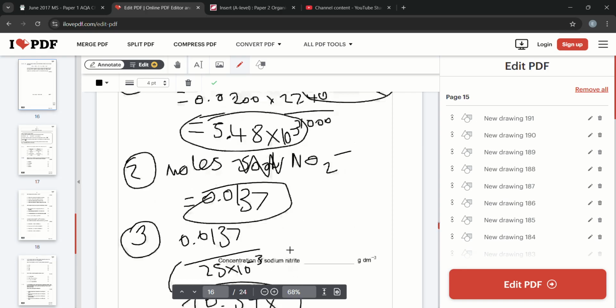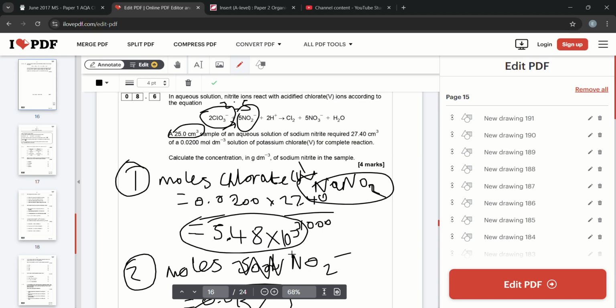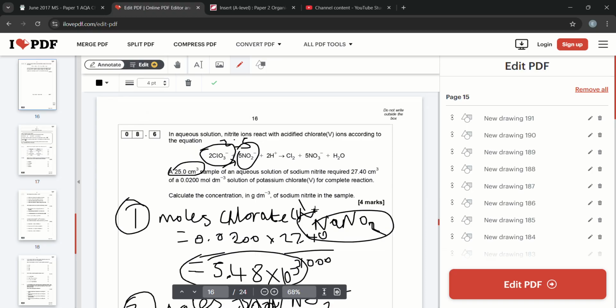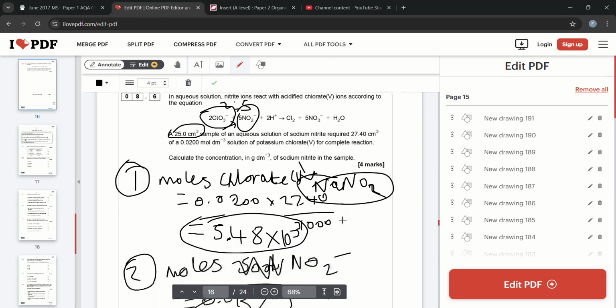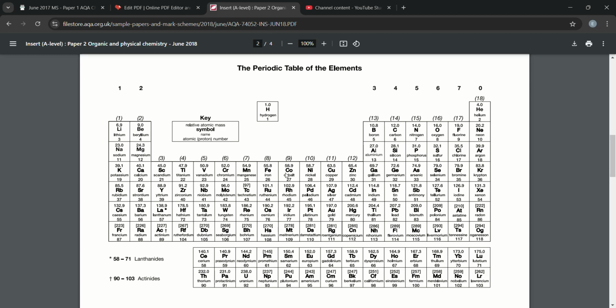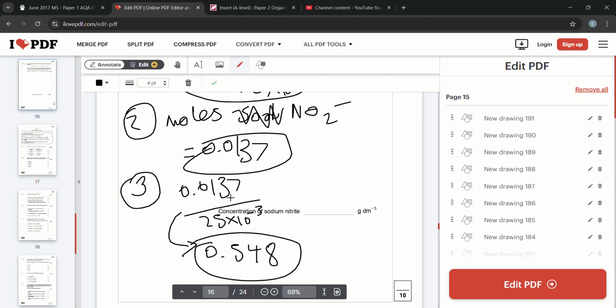Is that the final answer? No, because that is the concentration of nitrite. We're trying to find the concentration of sodium nitrite, and the Mr of sodium nitrite is what? NaNO2. So Na 23 plus NO2, 14 plus 16 plus 16, 69.